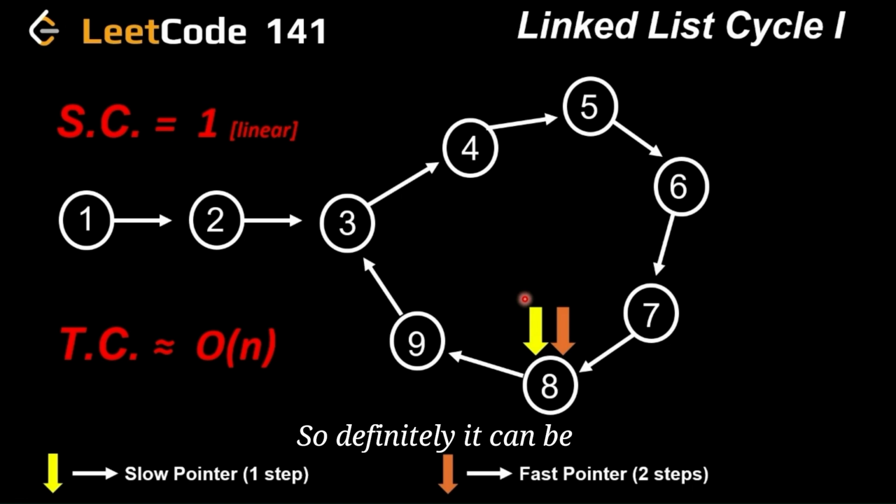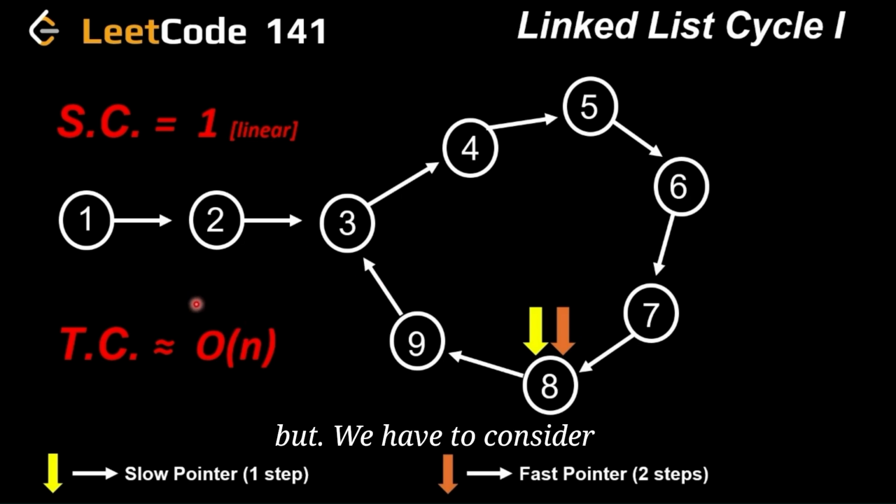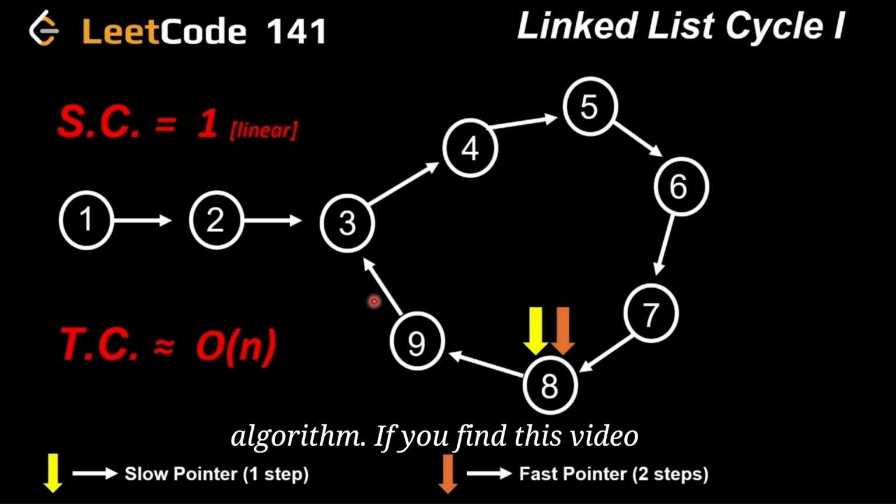So it can be half n, 2n, or 3n, depending on the linked list. But we consider big O of n. So that's how you can detect a cycle in a linked list using Floyd's Tortoise and Hare algorithm.